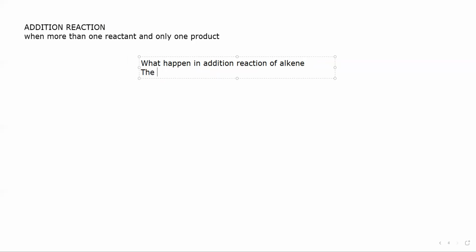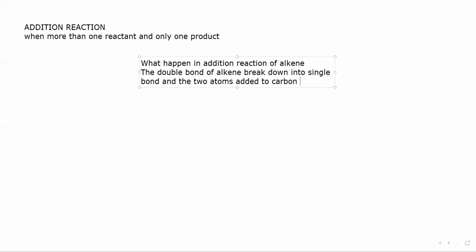The double bond of the alkene breaks down into a single bond, and the two atoms are added to the carbons which had the double bond.